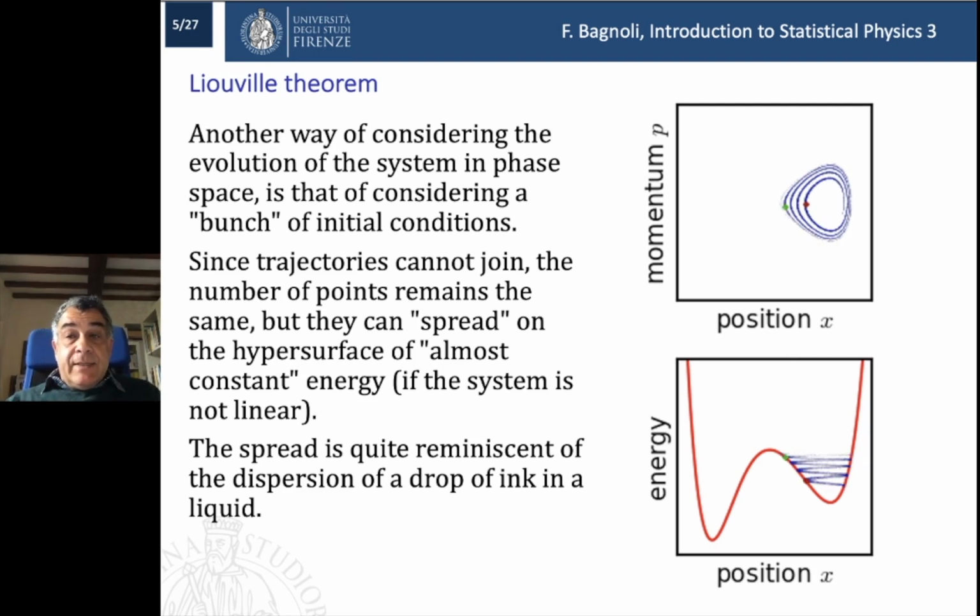If the system is nonlinear, so this does not happen for the harmonic oscillator, but if the system is nonlinear, then at a certain point the initial bunch of trajectories will spread all over the accessible space.